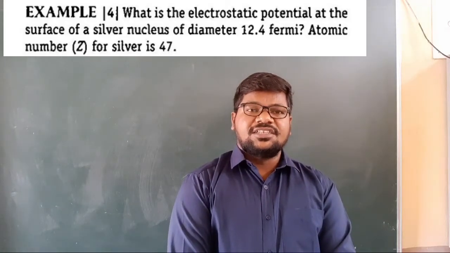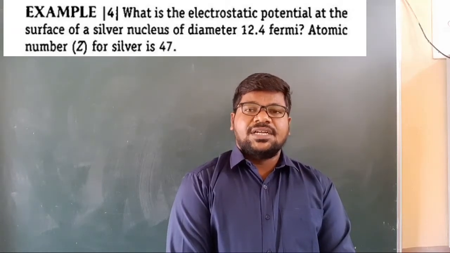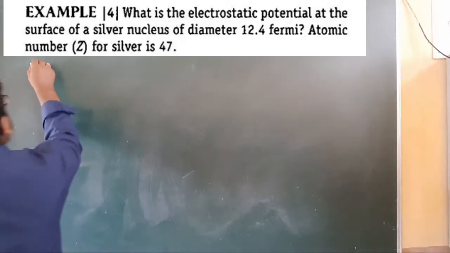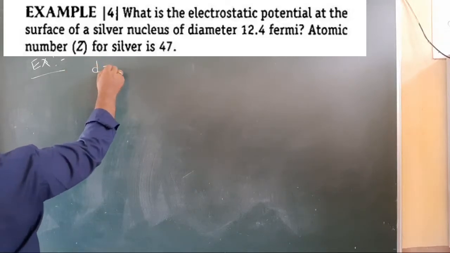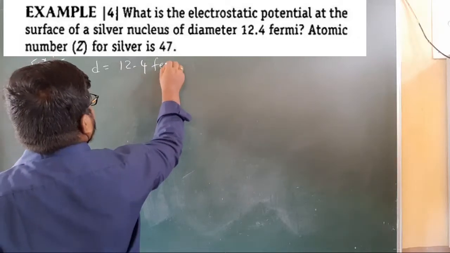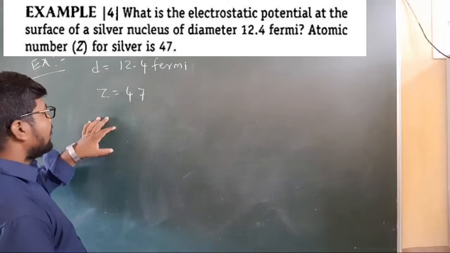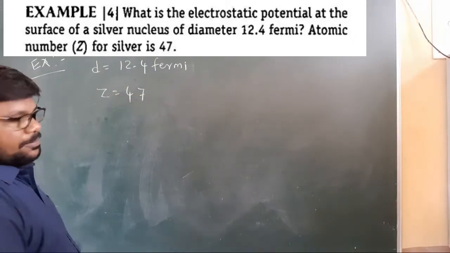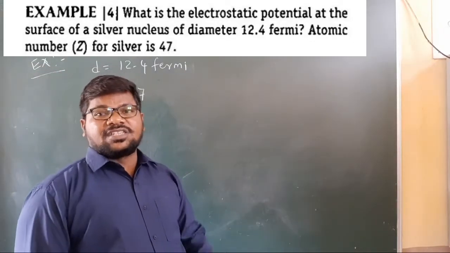So in this case, in the given data, they gave the diameter of the nucleus, D is equal to 12.4 Fermi, and the atomic number. So from this we have to find the potential in the example.